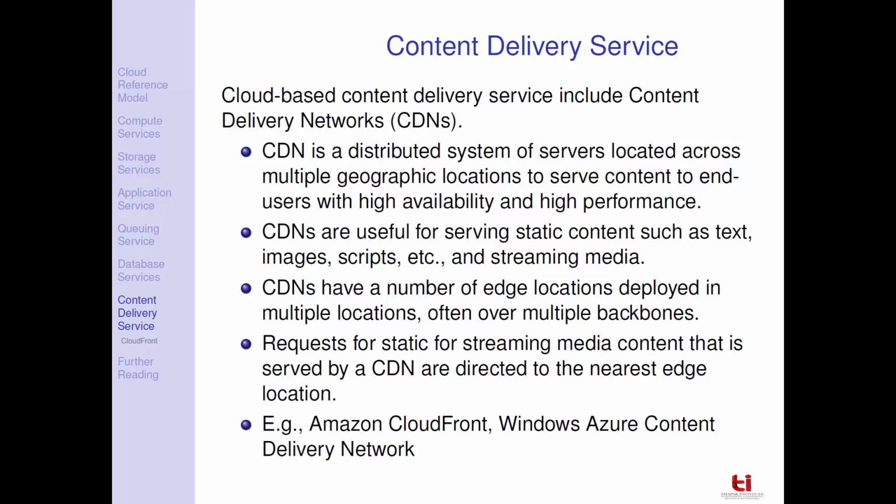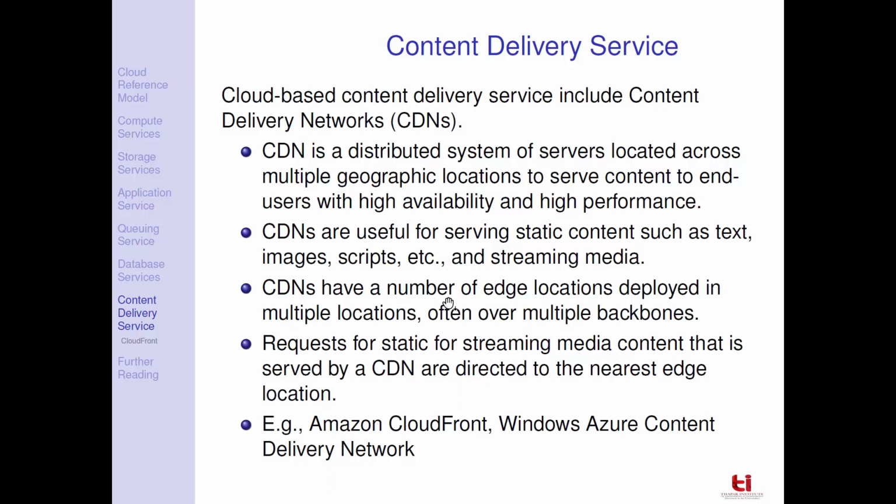Content delivery services are very popular in video streaming. A content delivery network is a distributed system of servers located across multiple geographical locations to serve content to end users with high availability and high performance. They are used for serving static content such as text, image, script, and streaming media.